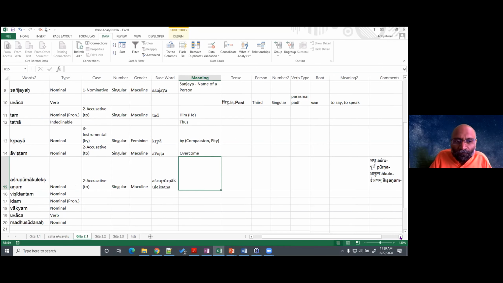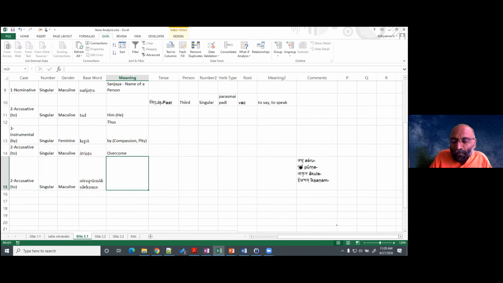For that, you see this is a samasa word, and it consists of these four components: Ashru, Purna, Akula, Ikshanam. So we have to understand the meaning of these individual words, and this is what you can find in the dictionary.